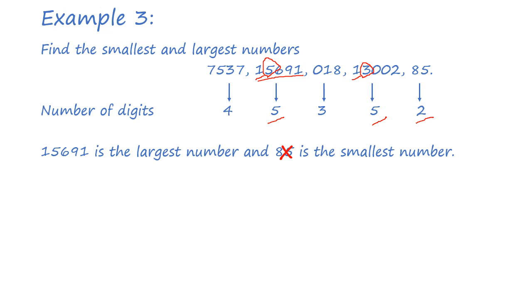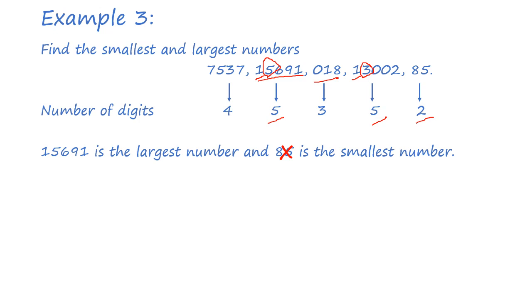Why is that? If we take a closer look, we can see that 18 is also among these numbers and it is certainly less than 85. So we made a mistake. What mistake did I make?